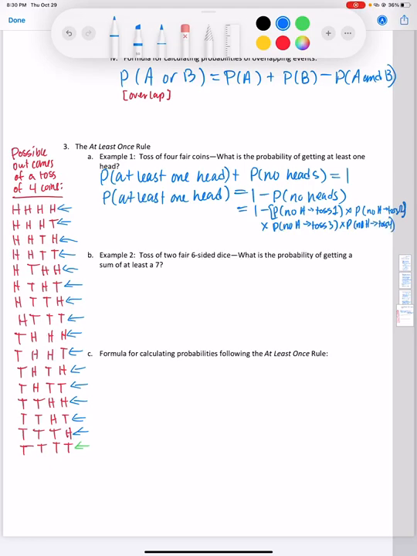So we're multiplying all of those together.